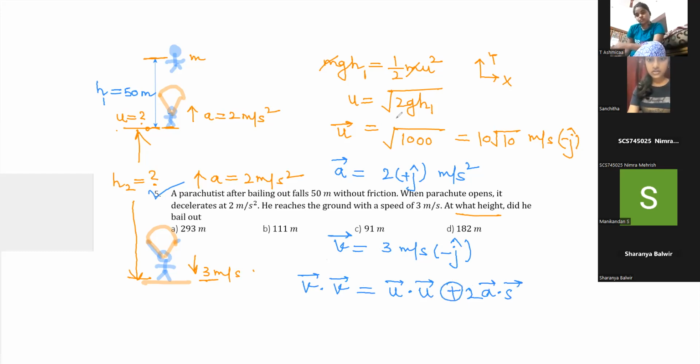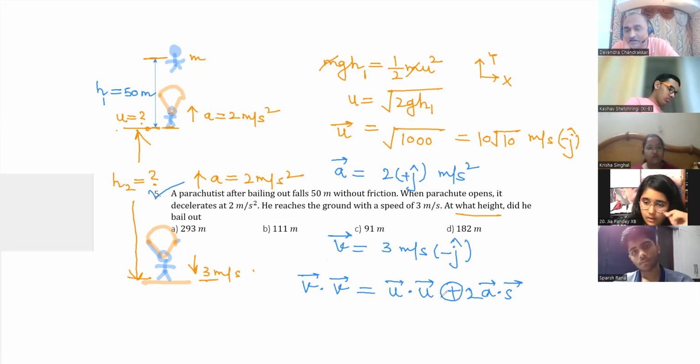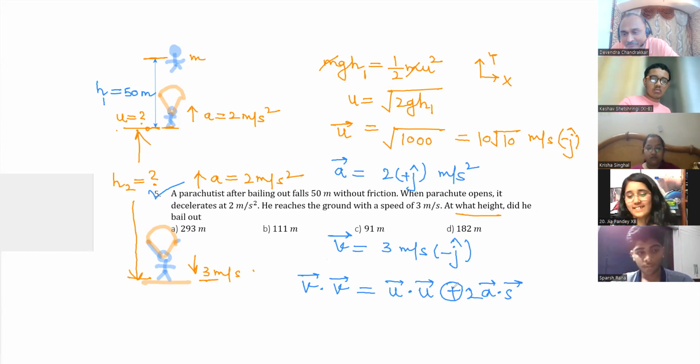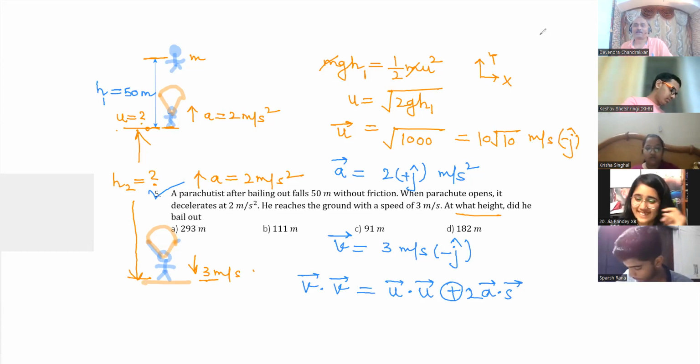Because it's a retardation, did you get tempted to write it as a minus sign? No, sir. Okay, that's great. Then what will happen here is 3 minus j dotted with itself will become plus 1.